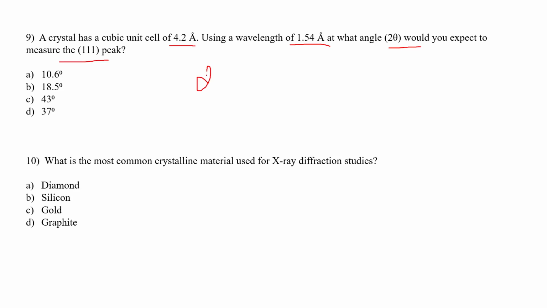So for a cubic system, as we discussed in the previous questions, d will be given as a divided by the square root of h square plus k square plus l square.